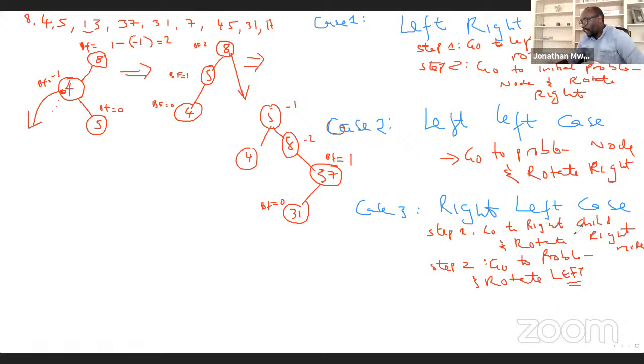So right-left case. So we go to the right child, the right child is here. So right, and then this one has left. Okay, so we go to the right child. And once we go to the right child, we rotate that child right. Similar to here, we went to the left child and rotated that child left. That's the same thing. So we go to the right child, which is 37.